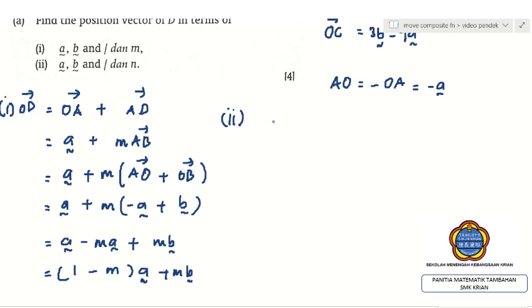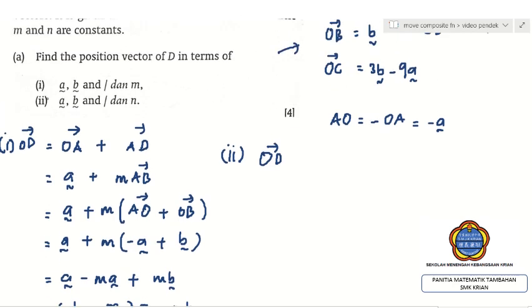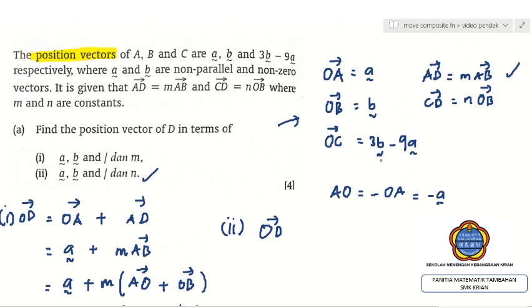Question number 2, also the position vector OD, but in terms of a, b and n. How to do this? Are we still using the given information?